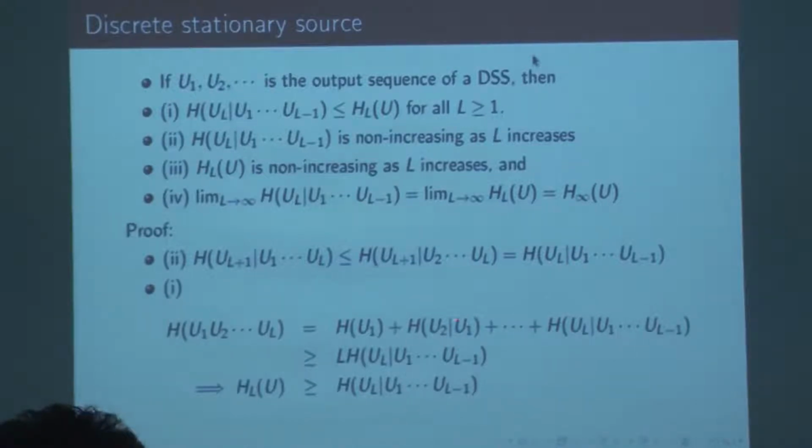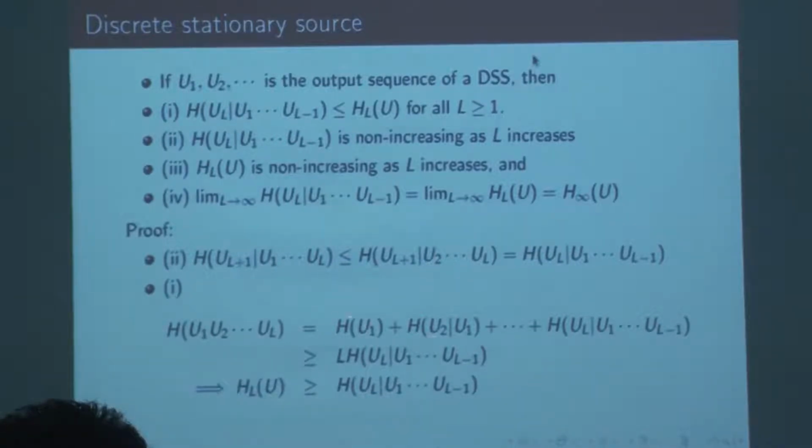Now, the next claim I am making is this whole summation is lower bounded by L times H of U_L given U1, U2, U3, ..., U_{L-1}. Why? I am using property number 2. What does property number 2 say? As L increases, this is a non-increasing function.